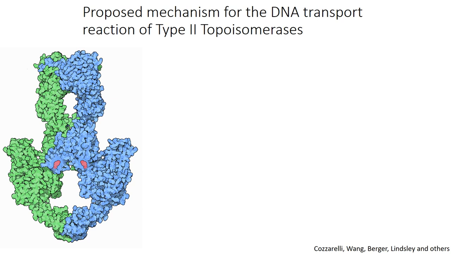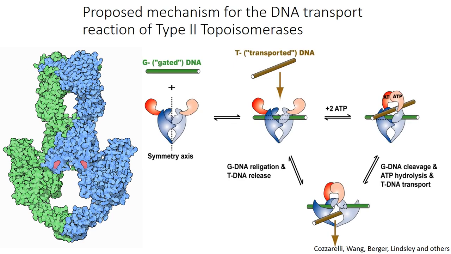So it is a homodimer, and as you can imagine, this enzyme is also subject to intense research, and the proposed mechanism that we have today is that it grabs the double-stranded DNA, the first one, the gDNA, then it grabs the tDNA, the transported DNA. The name already suggests that's the one that's going to be transported all the way through the enzyme. And of course, it needs energy, so it hydrolyzes two ATPs, introduces the cleavage in the gDNA, passes through the tDNA, and reseals and releases.